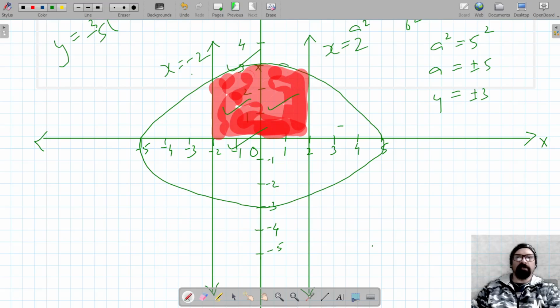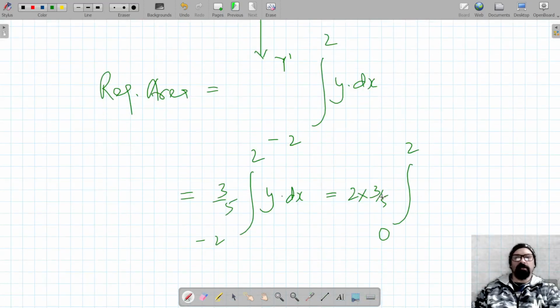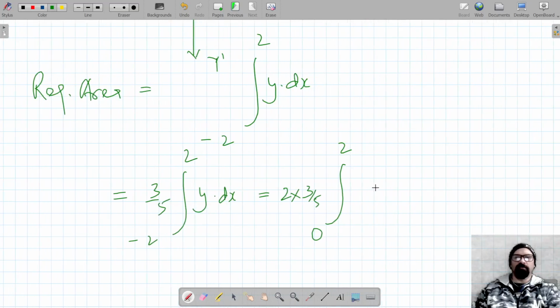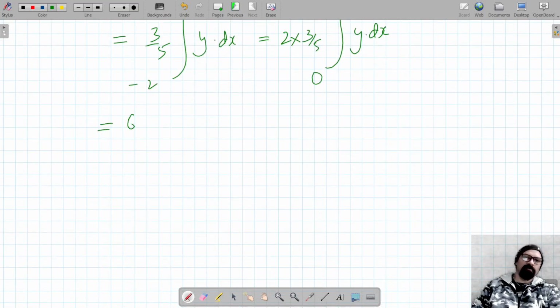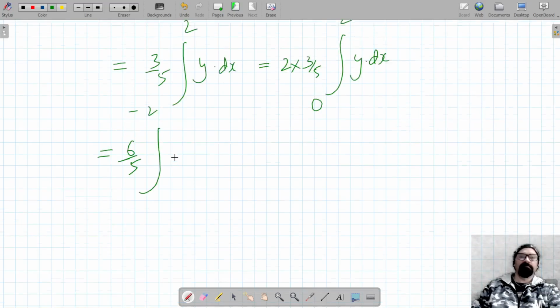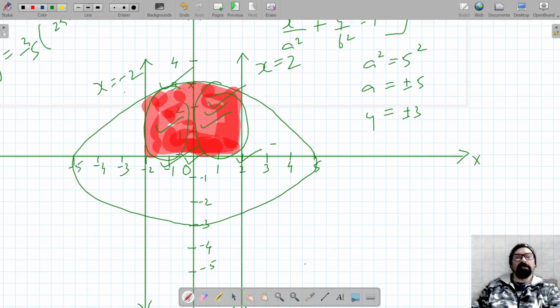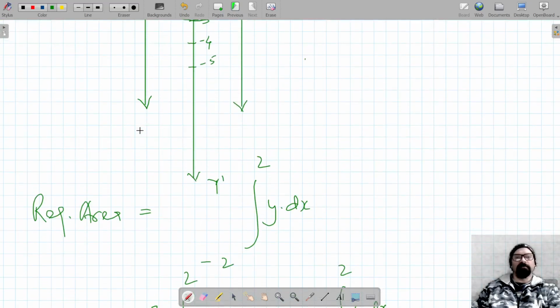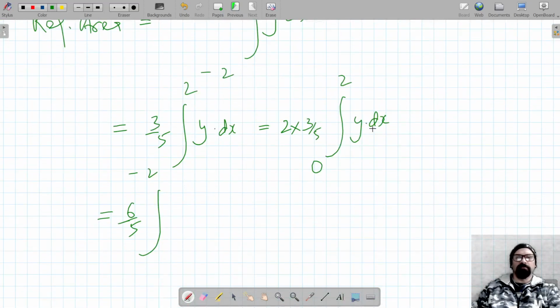This region is symmetrical to this region. So find the area of this region and multiply it with 2. So it's 2 into 3 by 5, which is 6 by 5, from 0 to 2, and y is under root 25 minus x squared.